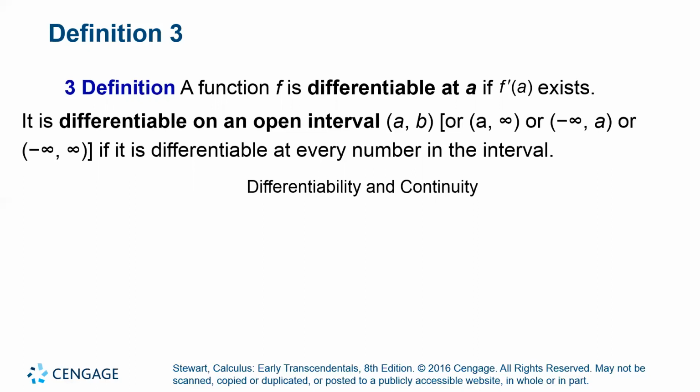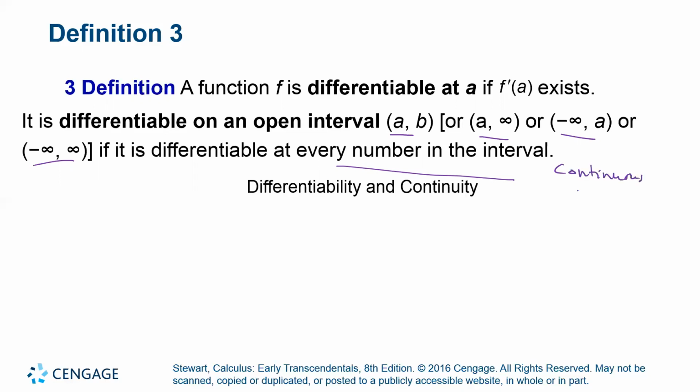And then it is differentiable on an open interval, either an interval from a to positive infinity, or negative infinity to a, or negative infinity to positive infinity, if it is differentiable at every number in the interval. So this is what we call differentiability and the continuity. There's a theorem.